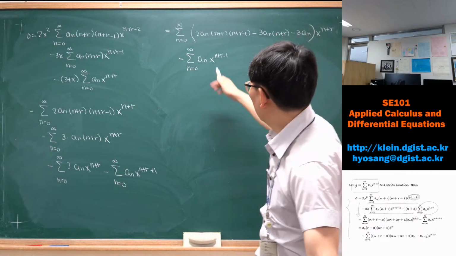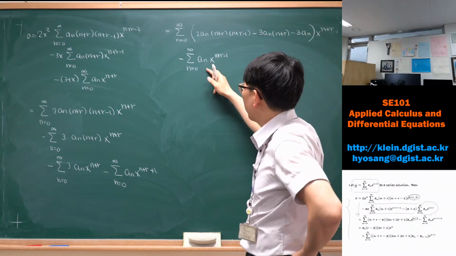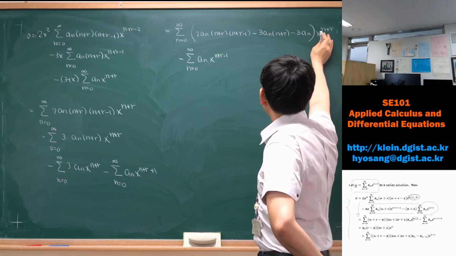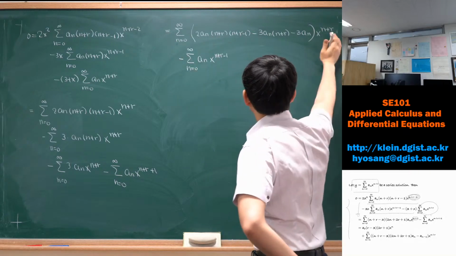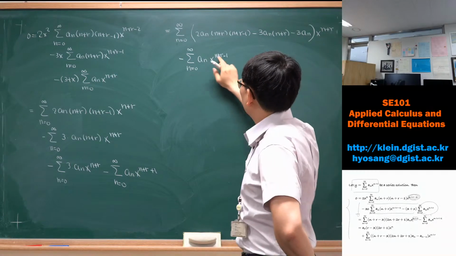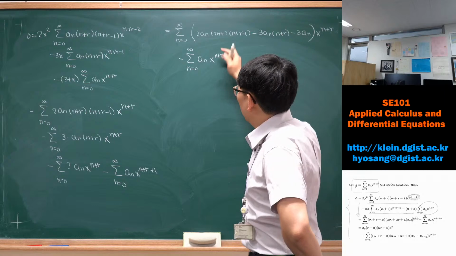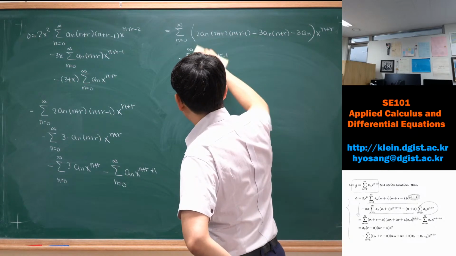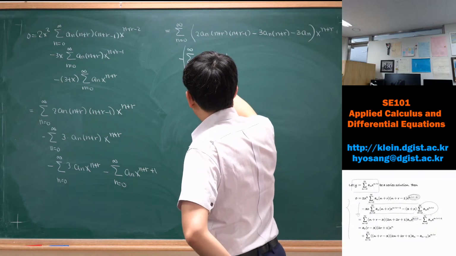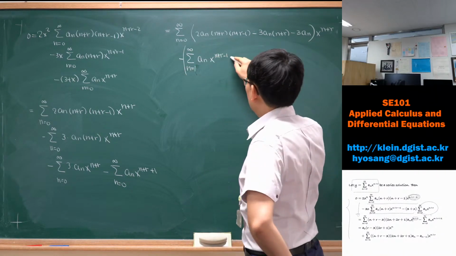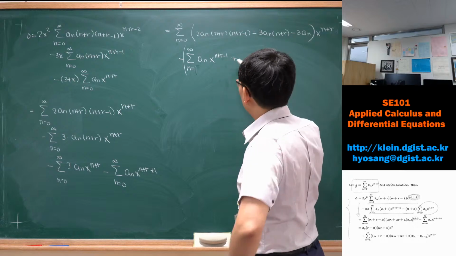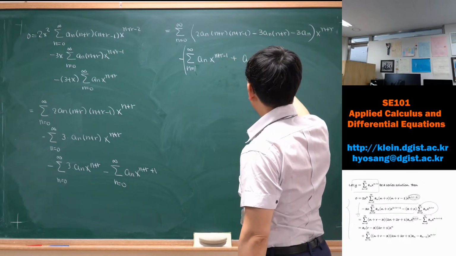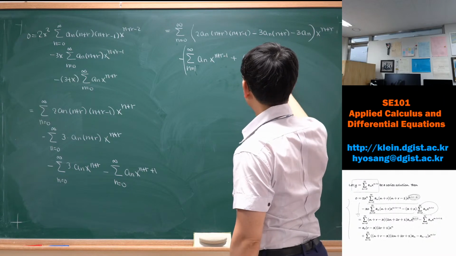Now I also want to combine these two summations. But this one starts at exponent r when n equals 0, while here, when n equals 0, it starts from r minus 1. To match these two, I have to split the second summation into n from 1 to infinity and the term when n equals 0, which is a_0 x to the r minus 1.